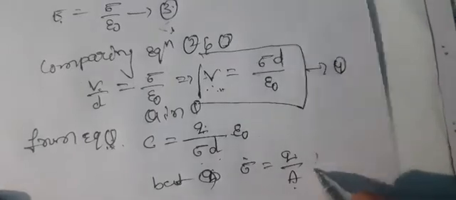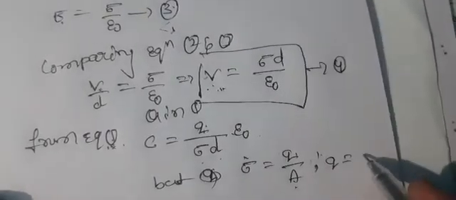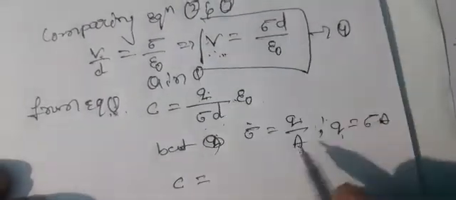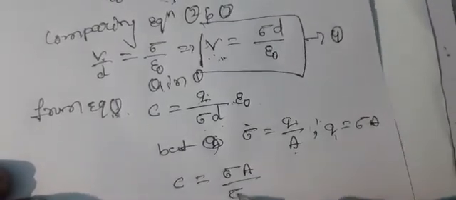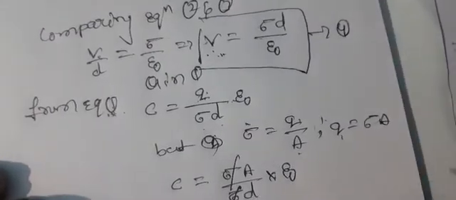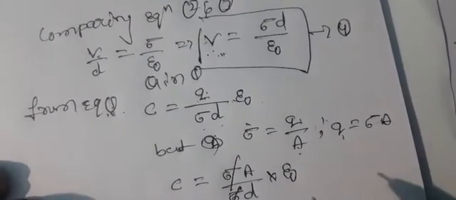Finding the value of Q, Q is equal to sigma A. Substituting this value in the previous equation, C is equal to the total charge sigma A by sigma d by epsilon naught. Sigma gets cancelled.